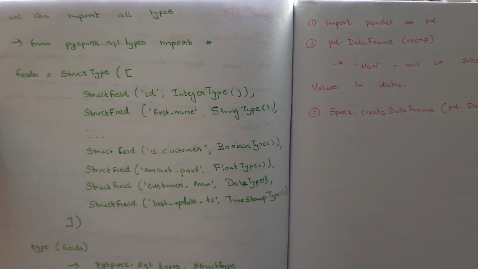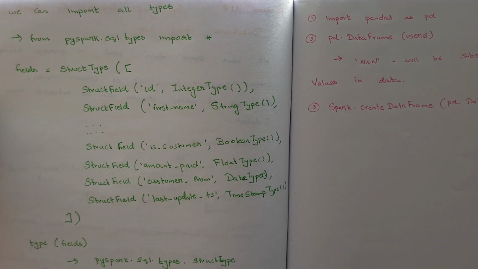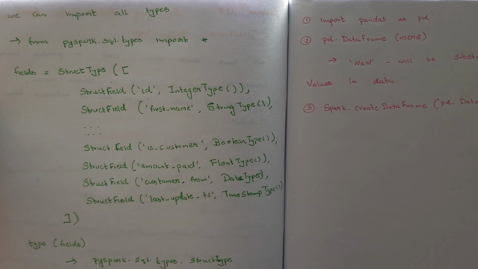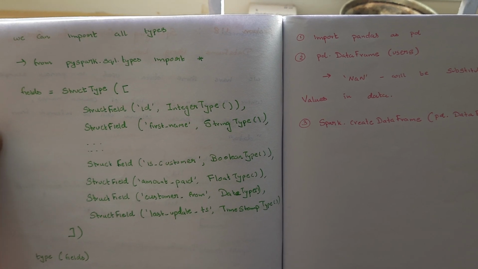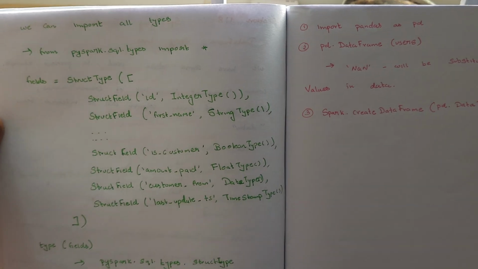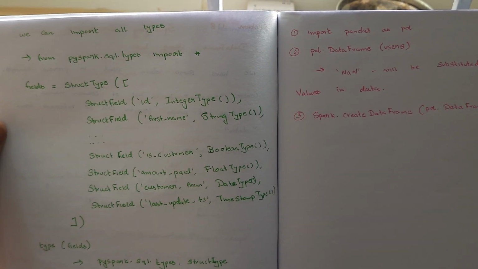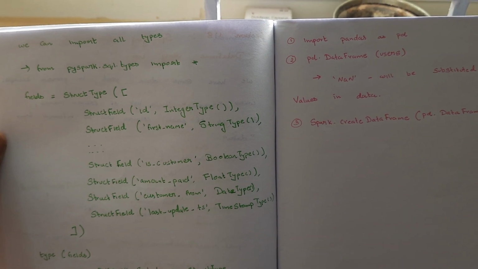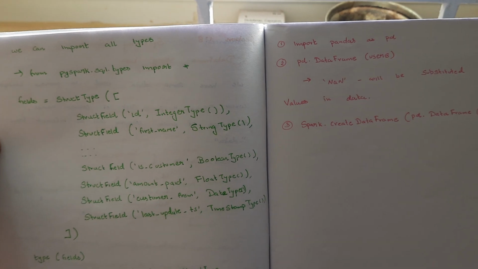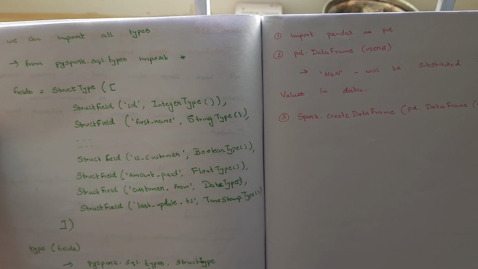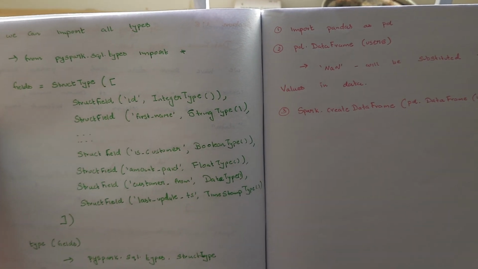For specifying a schema, let's say the fields is equal to, first we have to mention a StructType, and inside the StructType we should mention a StructField for each column we have. Let's say for StructField of id column it should be id comma IntegerType, then StructField of first name is a string type, then email is also string type, then is customer is a boolean type.